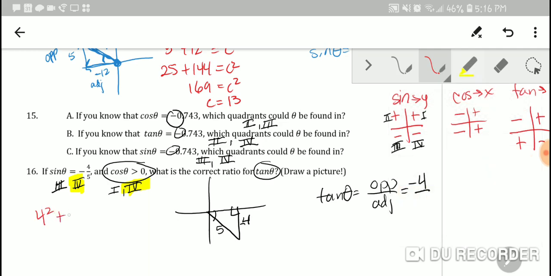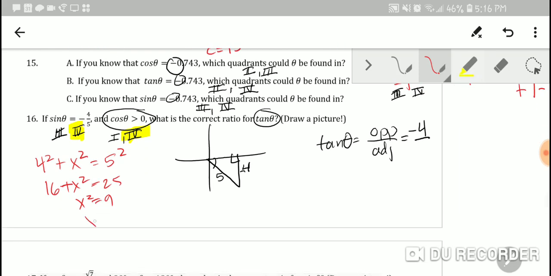We'll have 4 squared plus unknown squared is equal to 5 squared. So that'll be 16 plus x squared is equal to 25. And then we'll have to subtract 16 from both sides. X squared will equal 9, so x will equal 3 when you take the square root. So put that over 3, and then you're done. Again, fourth quadrant, tangent should be a negative value.